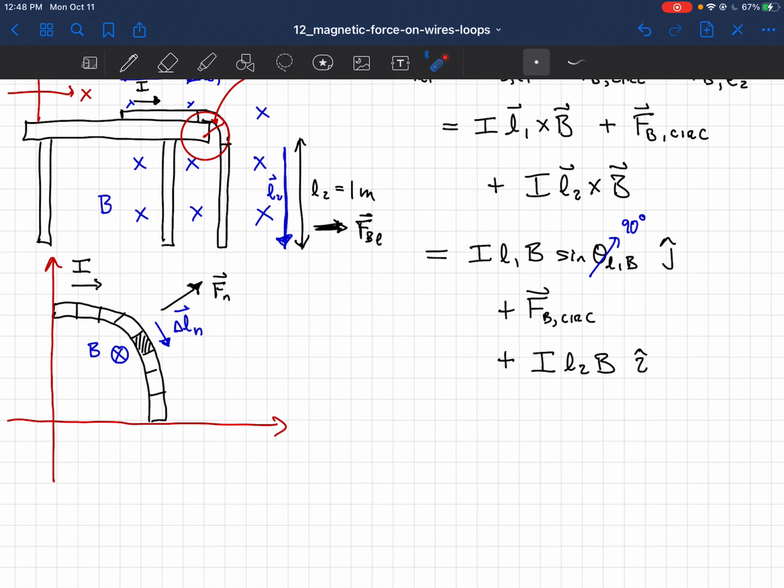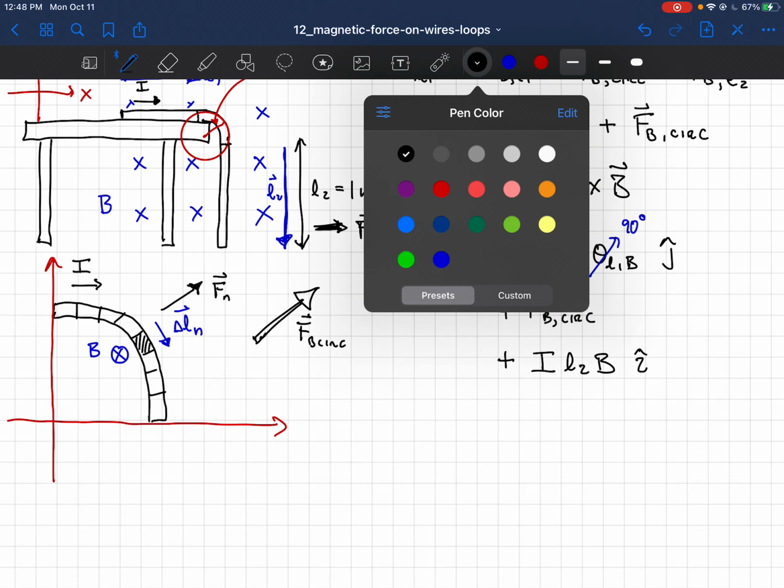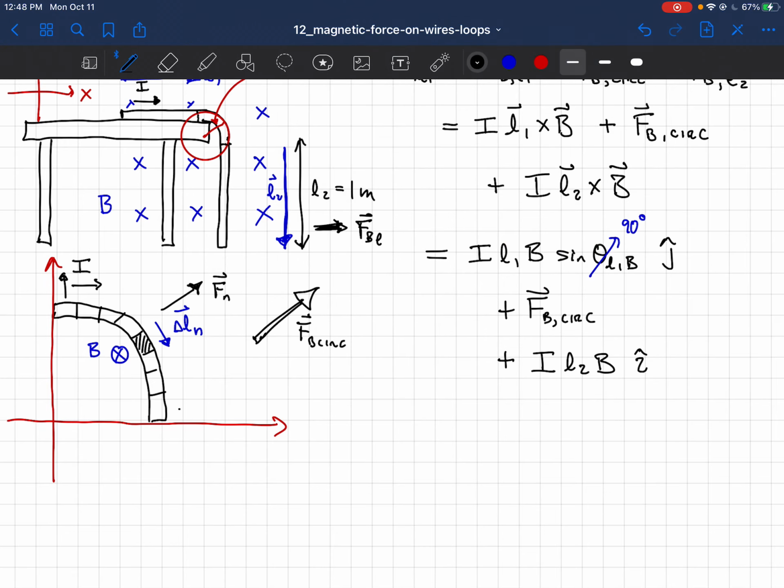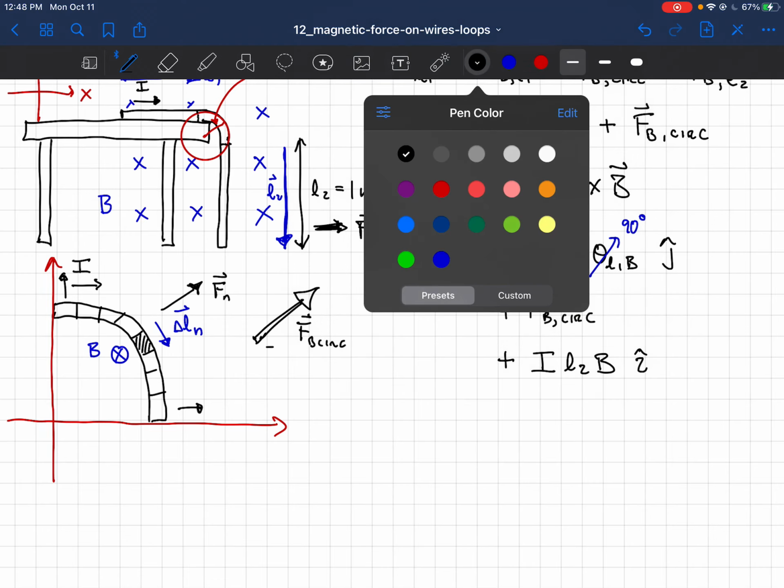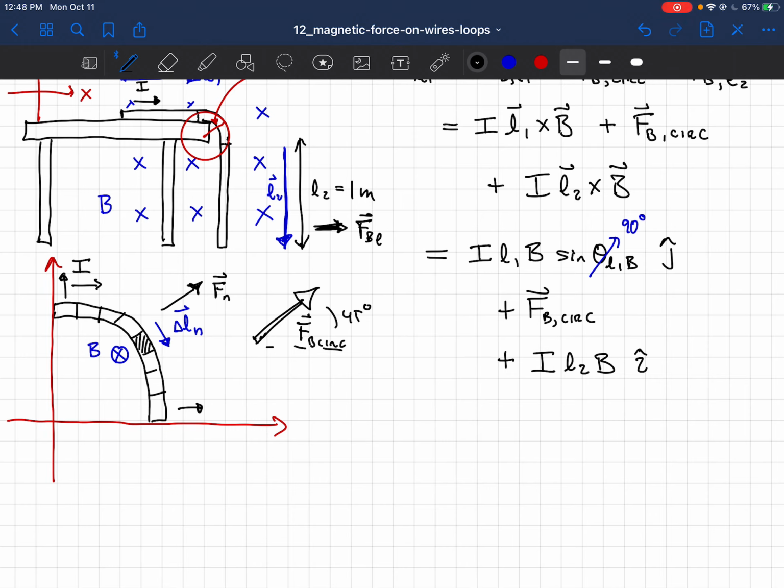So what does that mean for the net force for this F B circle? Well, it means that it should have a net force that basically points in this direction here, F B circ, exactly in the 45-degree direction, because if you add up a bunch of forces, we could sort of draw it here, there's one that points like that, there's one that points like that, and then all the rest get added, then you'll get something that points exactly at 45 degrees.